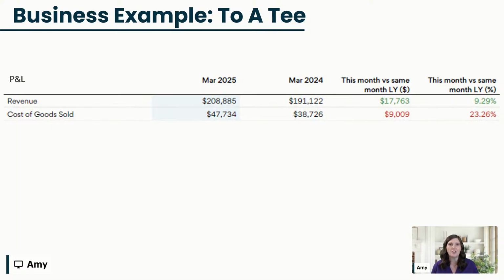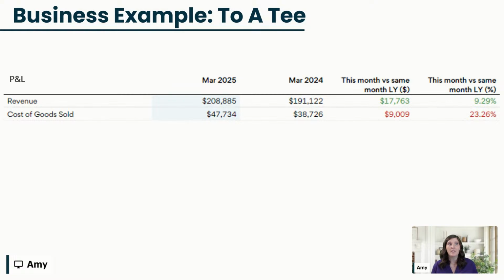But here's the interesting part. Take a look at the percentage, that 23.26. What this is saying is that it costs us 23% more to make the shirts this year versus last year. But here's where it gets interesting. That 9%, you would expect the cost of goods sold to be up 9% because we sold more.